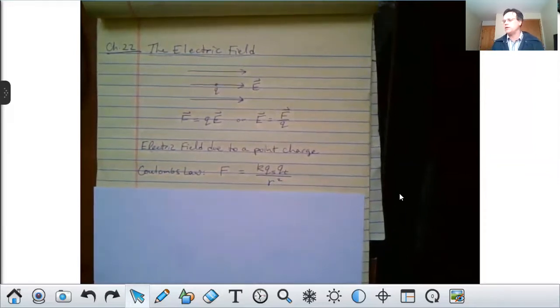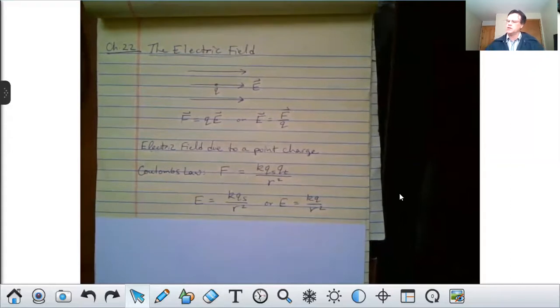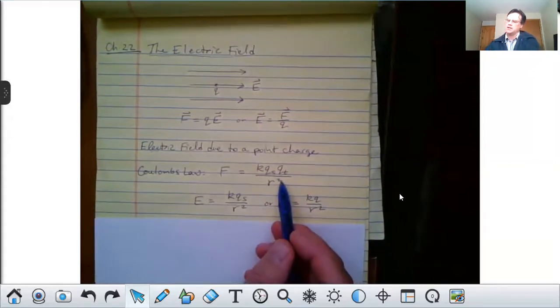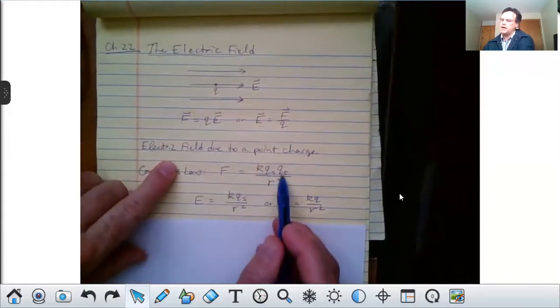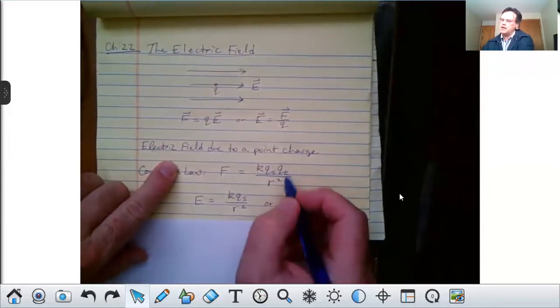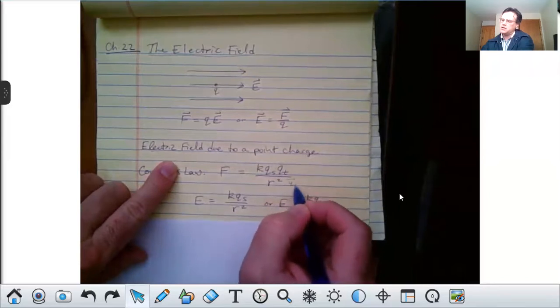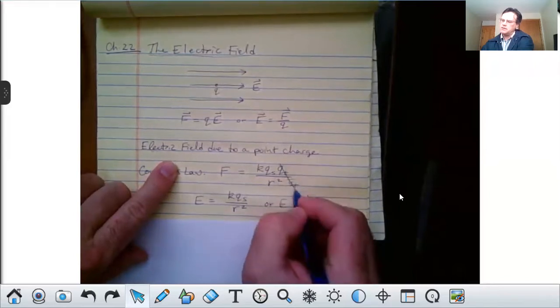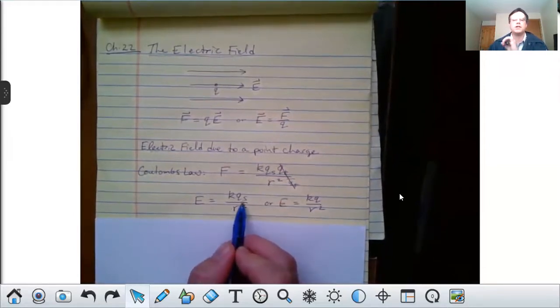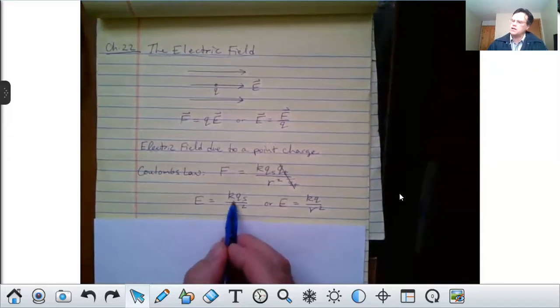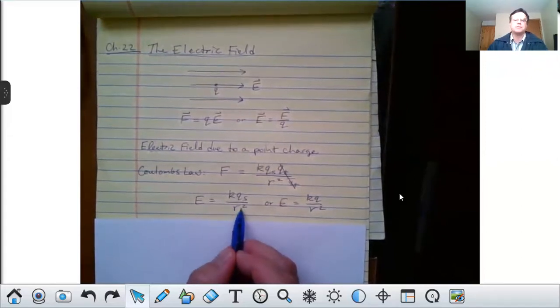So if I have a point source charge, I would divide my force, which is Coulomb's law, by the test charge. Now, when you divide the test charge here, it cancels out, and I just end up with an expression for the magnitude of the electric field due to that point source charge. It's K Q_S over R squared.